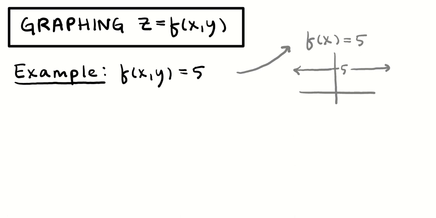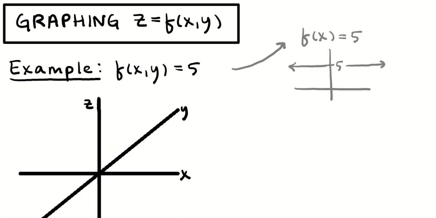So I'm going to start by bringing in xyz space, axes, and drawing a parallelogram. You're going to have to decide where z equals 5 is on the z-axis, and you're going to draw a parallelogram that's going to be parallel to both the y and x axes, and then you're going to color it in.